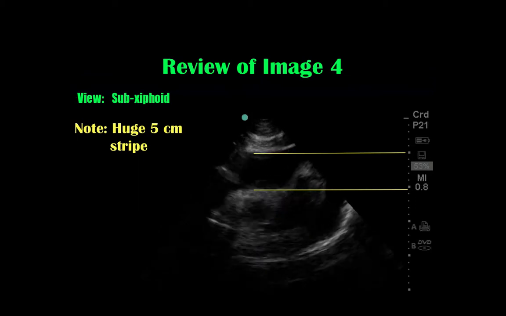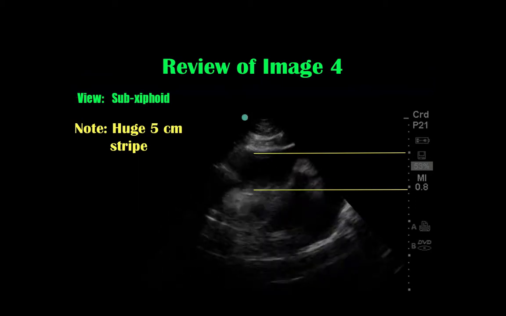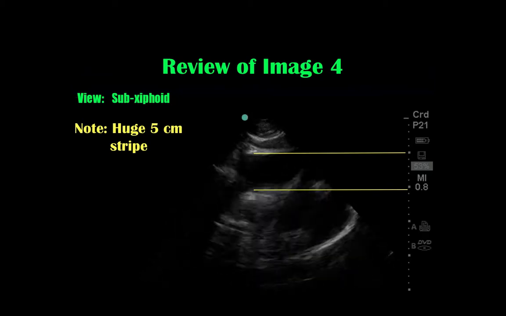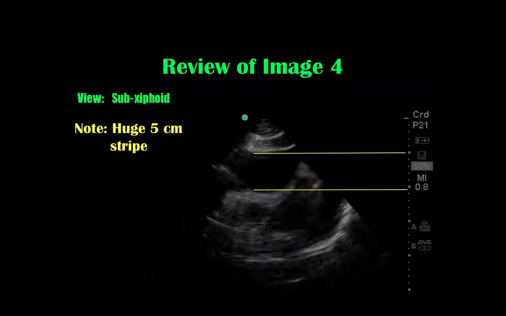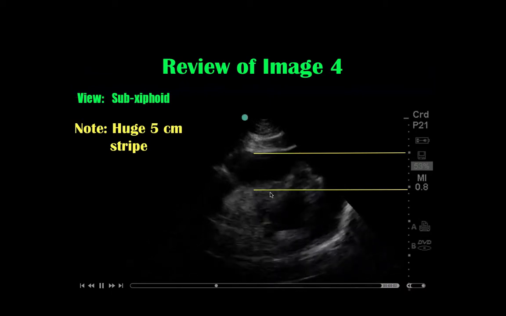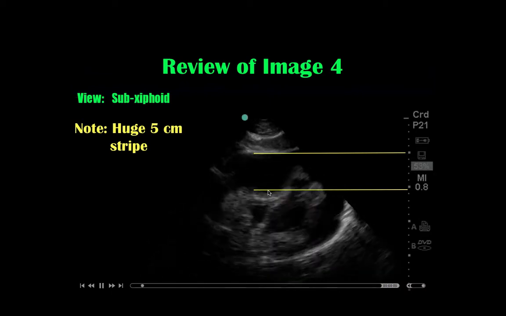In looking at the subxiphoid view, once again, we can measure or approximate the size of the pericardial stripe, and there appears to be a 5-centimeter pericardial effusion. And we can note collapse of the RV here at the arrow.